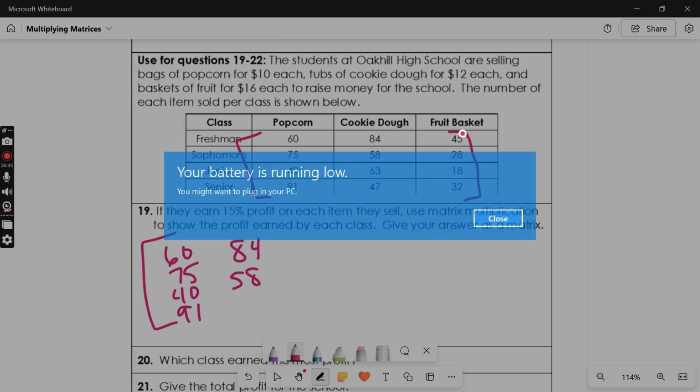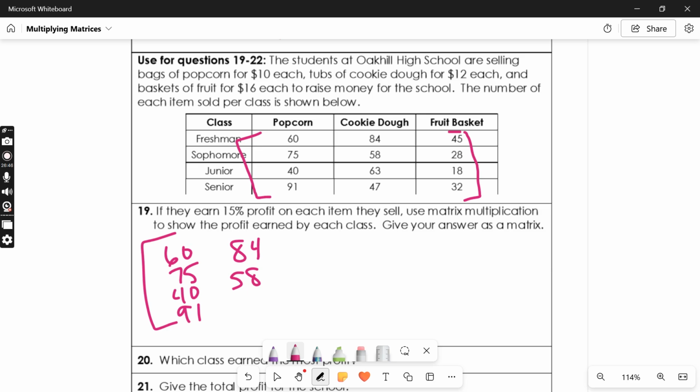Oh, I'm writing too big. Gotta finish this one up fast. 28, 18, 32. And then let's talk about what that second matrix is going to look like. That second matrix says we want 15% profit.